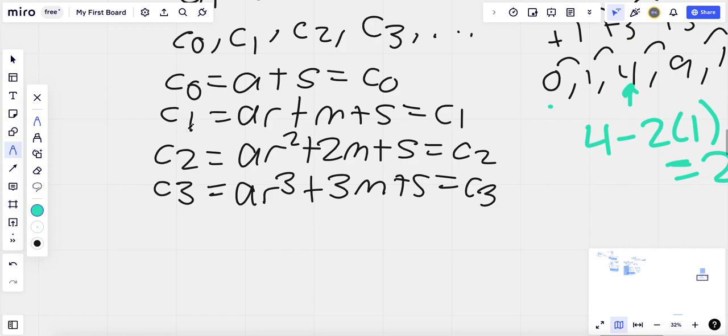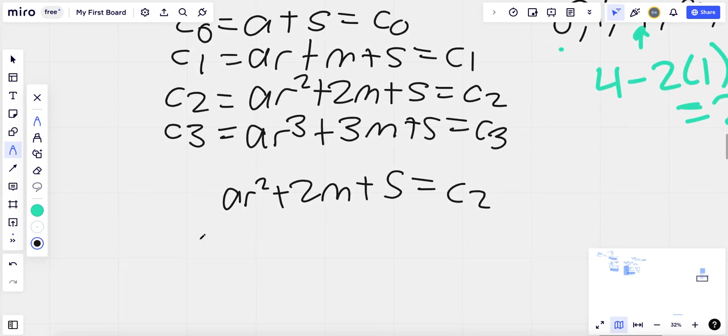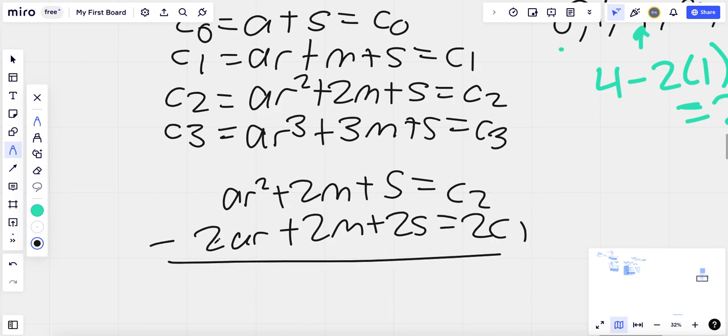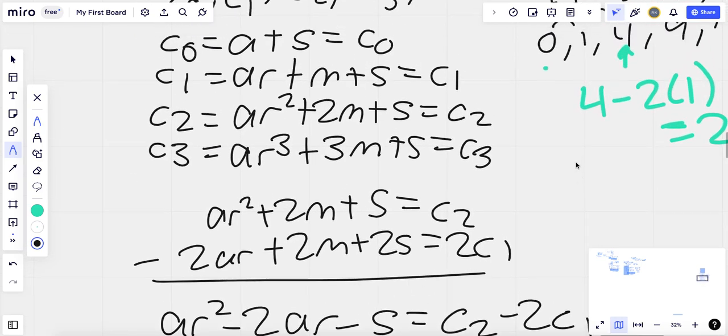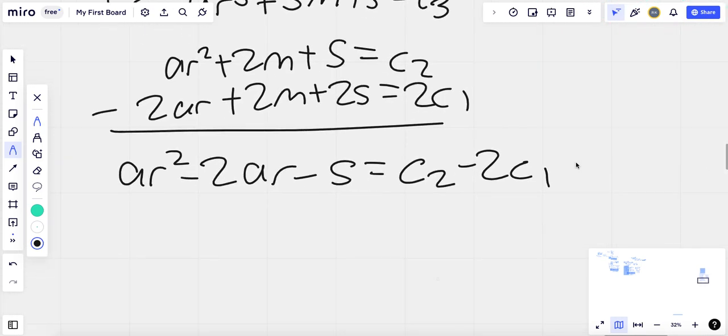So this will look like, and now 2 times C1 is going to be, I'm going to subtract the 2, and now I add C0, which is A plus S equals C0.